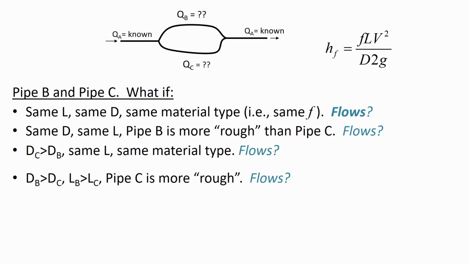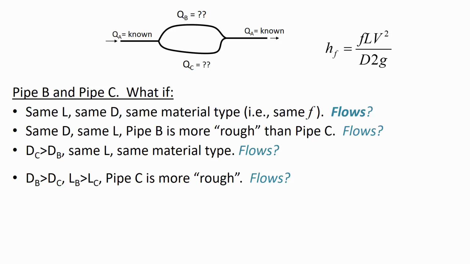Now this one, what about this? Which is going to get more flow? This is a logic problem here. All right, let's take a vote. Let's crowdsource this. Which pipe gets more flow?